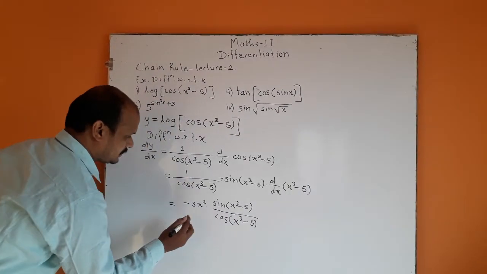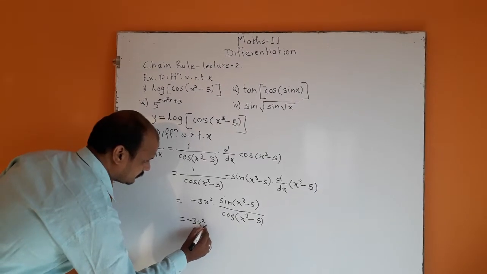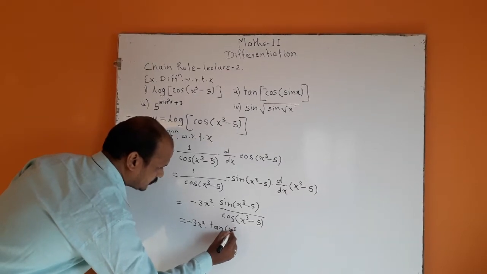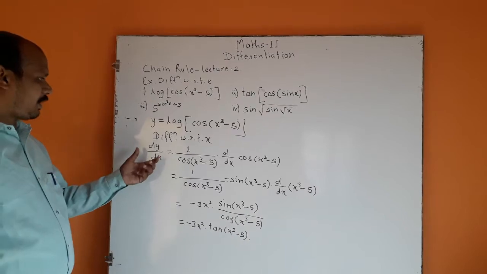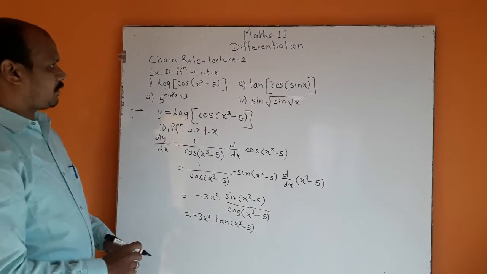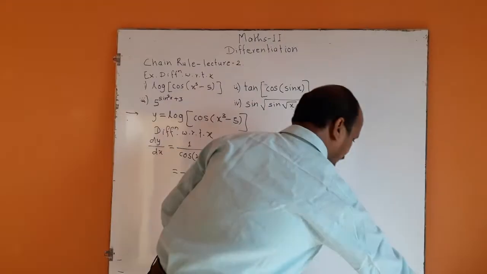Sin upon cos is tan, so it is equal to minus 3x square into tan of x cube minus 5. This is the answer of dy by dx. First example done. Now we study what is the derivative of tan of cos of sin x.